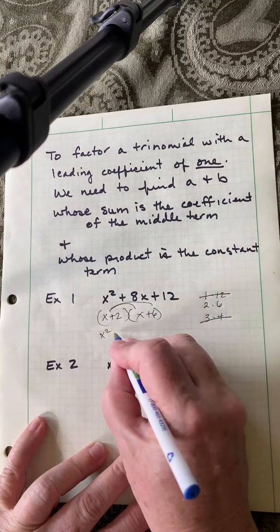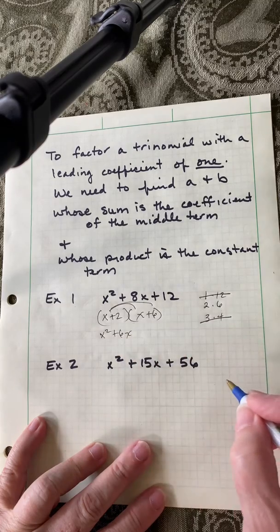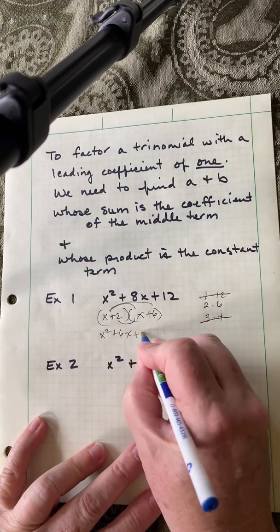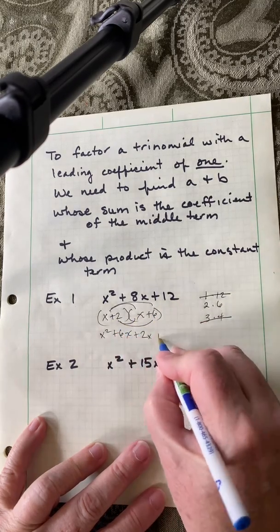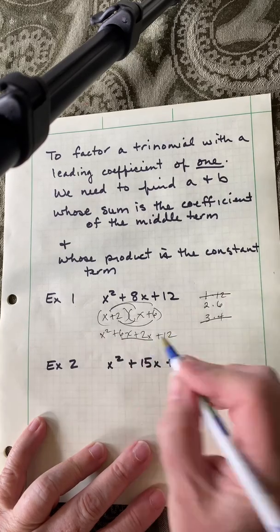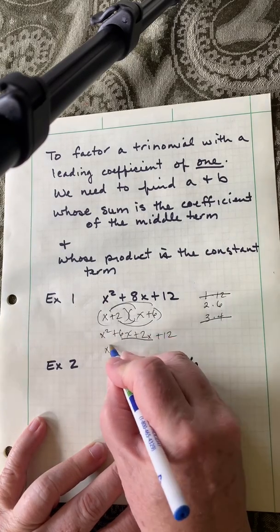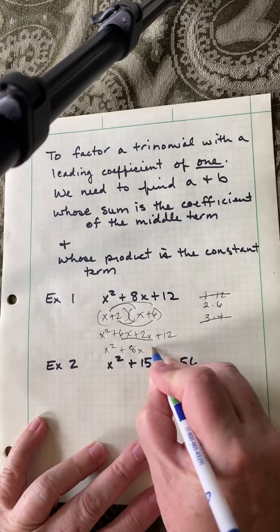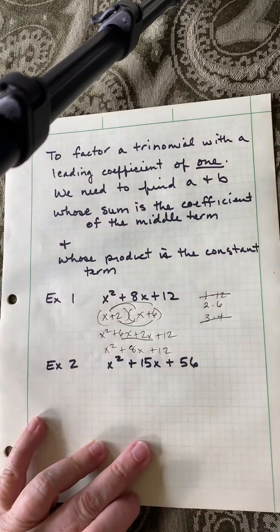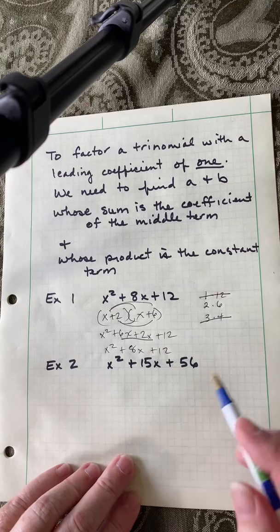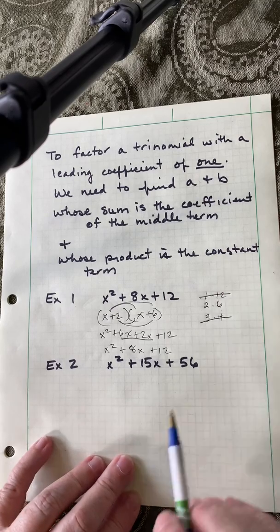X times that 6 gives me plus 6x. 2 times the x gives me 2x. And 2 times the 6 gives me 12. Those guys are like terms, put them together, x squared plus 8x plus 12. So it did work. All right, so let's move on to our next one here.